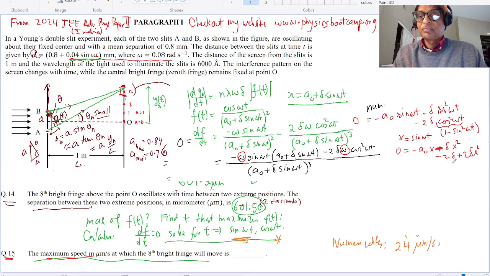So you can see this combines, so you have 3 delta x square minus a0x minus 2 delta equal to 0.